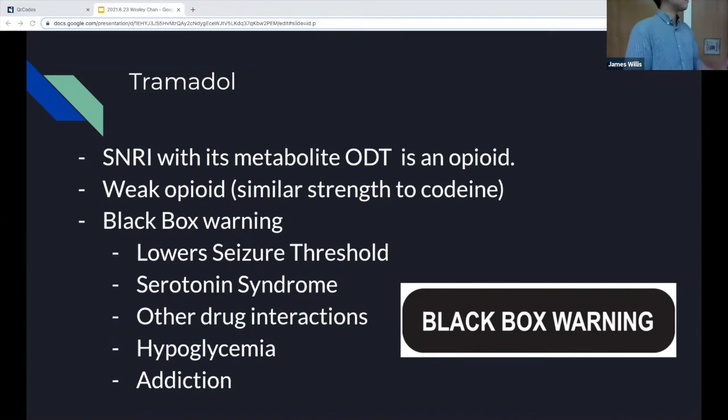It comes with a black box warning, including lowering seizure threshold, causing serotonin syndrome as it is an SNRI, other drug interactions through CYP450 interactions, as well as, unsure why, hypoglycemia. And as I mentioned, it's a pretty addictive medicine overall.